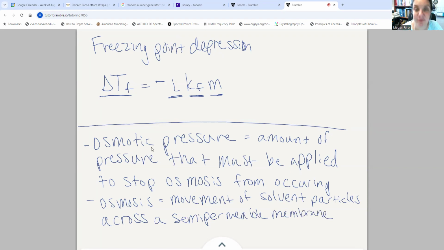So a membrane that would only really allow solvent particles to cross, not usually solute particles, they're usually a little too big.